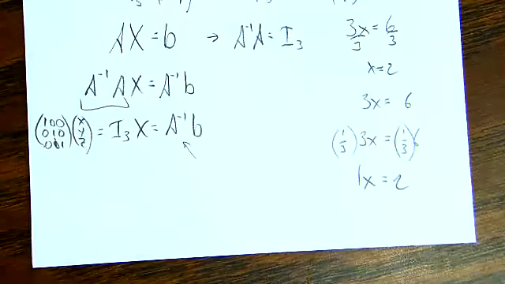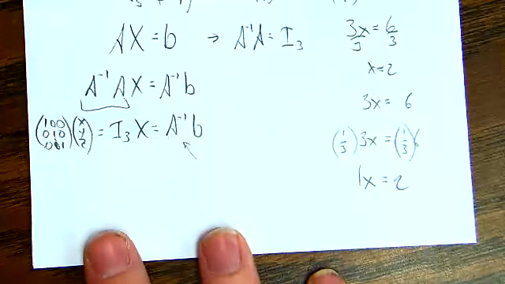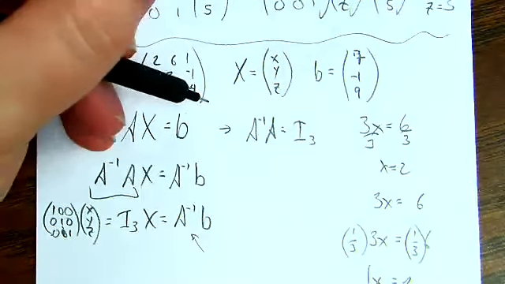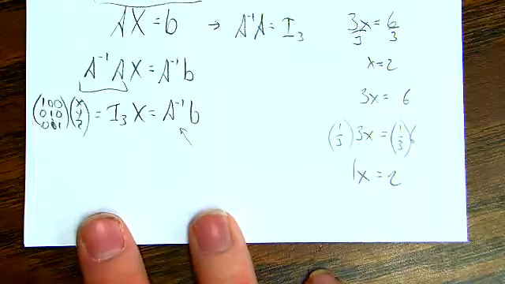There are a lot of techniques out there to find A inverse. They're not in the scope of this class, as this is not a linear algebra class. We just need to be able to find this. So what we're going to do, generally speaking, is input this matrix into our calculators. Either our TI-84s or TI-89s will do it.